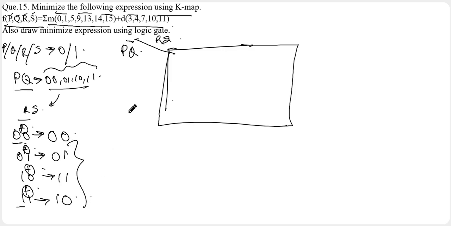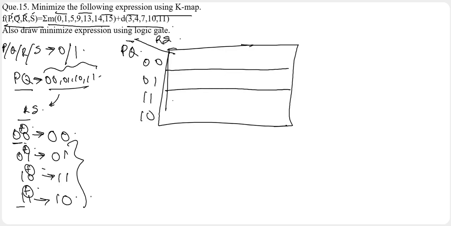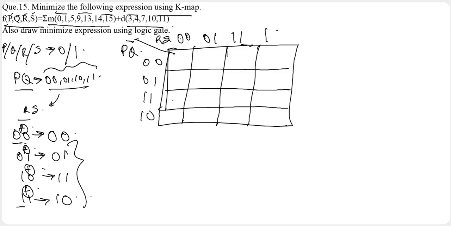So this is our equivalent gray code: 00, 01, 11, 10. Let us write it like this, and these are our columns. The rows are also 00, 01, 11, 10.